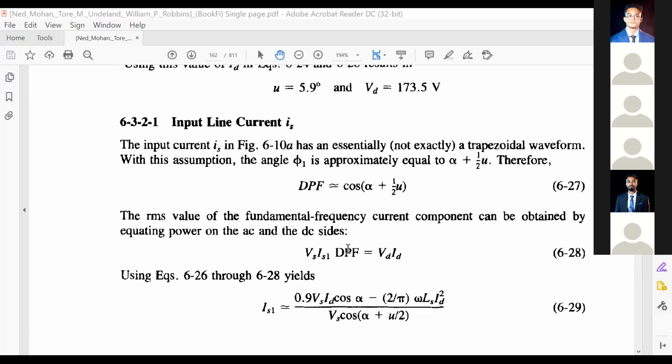Now we are talking about IS, the input current. If you remember the wave shape of the input current, this will be your sinusoidal voltage, and this is your alpha, and this is your pi, and suppose this is your alpha plus u, this is your pi plus alpha, and this one pi plus alpha plus u.